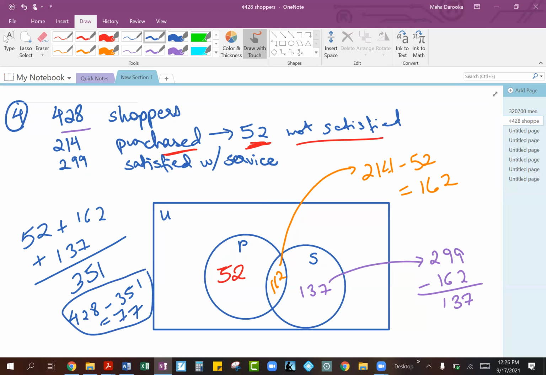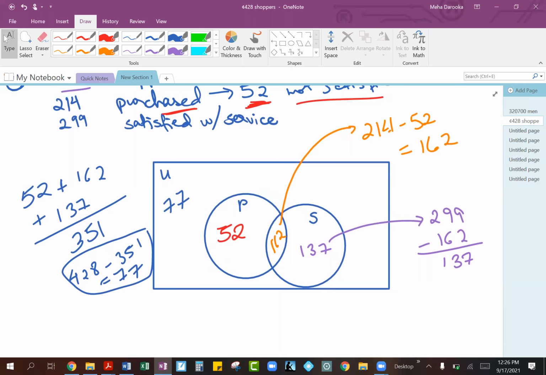And these are the people who are going to be outside of the two circles, but still inside the rectangle. And then when you add all four of those numbers, of course, that comes out to be our total shoppers of 428.